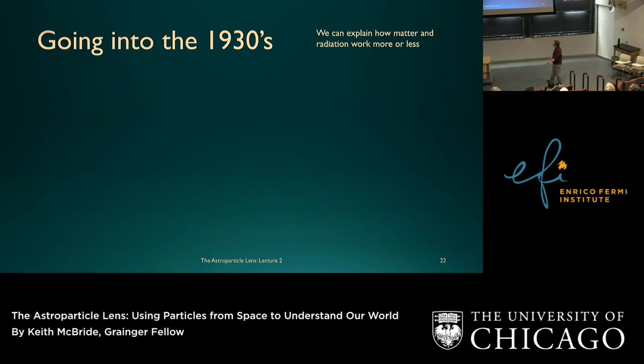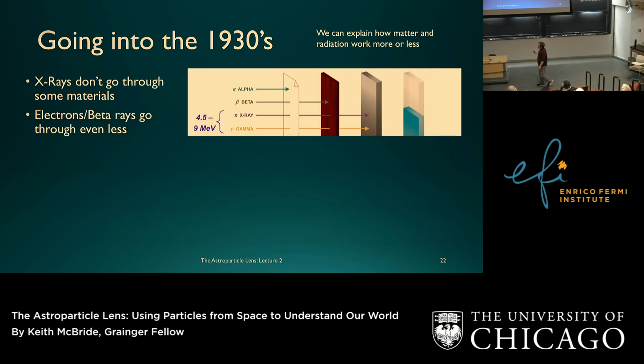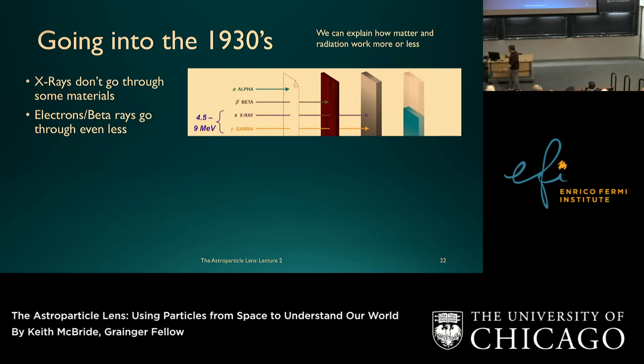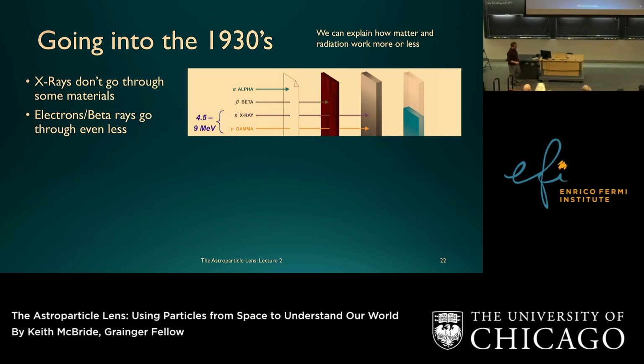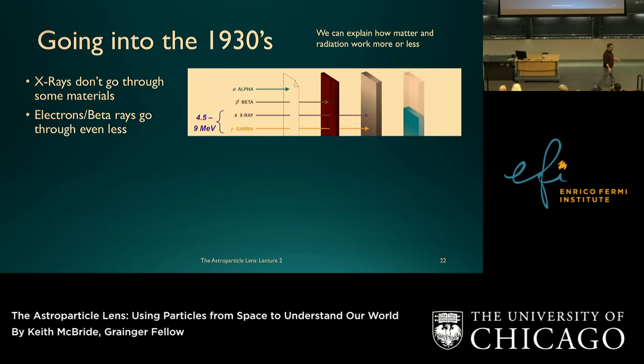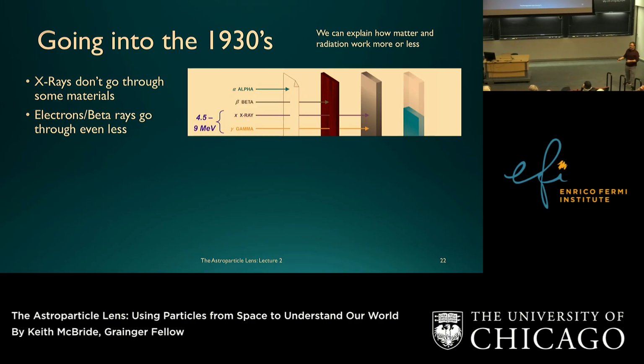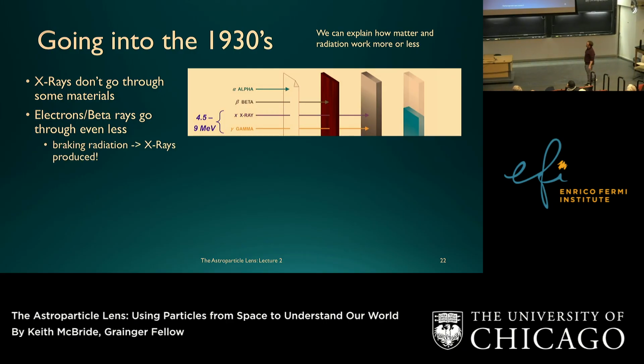So going into the 1930s, we have a very interesting way of thinking about the way the universe works. We have an understanding that there's different kinds of radiation. We have electrons, which are like beta rays. We have X-rays, which can penetrate some things but not others. And we kind of know why: different densities, different nuclear charge of the atoms. And we have gamma rays, which can go through a lot more material.